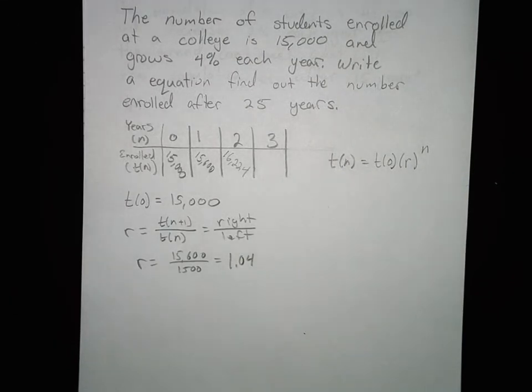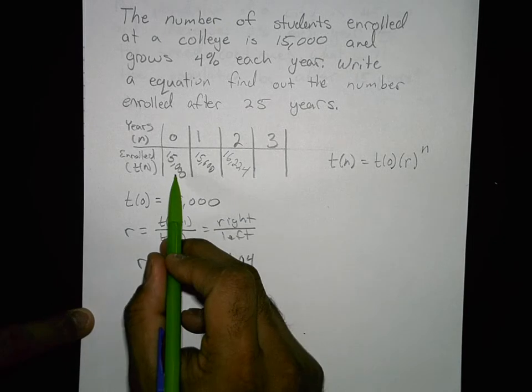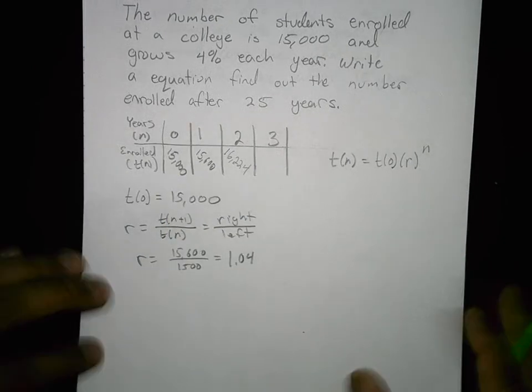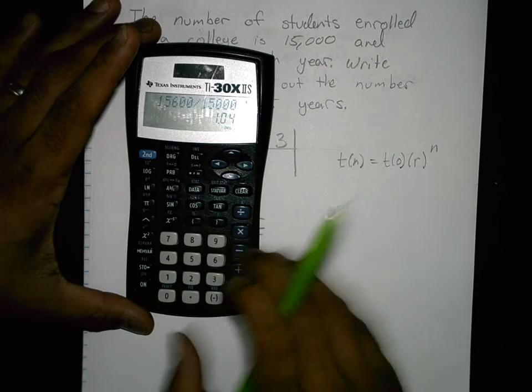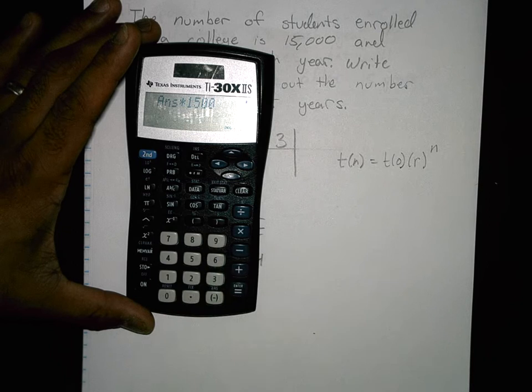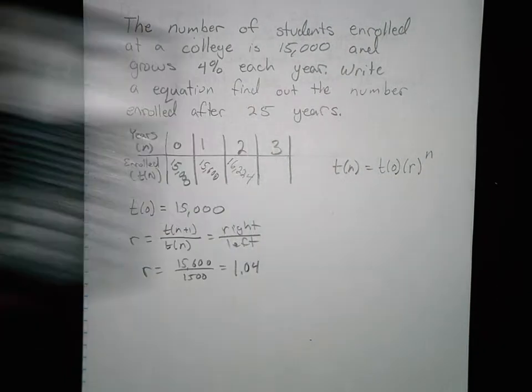So what does that tell me? This tells me what I need to multiply this number by to find the next one. When we did it originally, we kind of did it the long way. So let's just test it. I'm going to multiply this times 15,000, and it better equal the amount after 1 year. And yeah, it worked, 15,600.